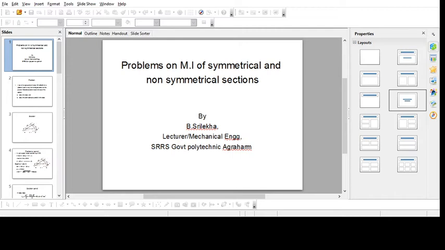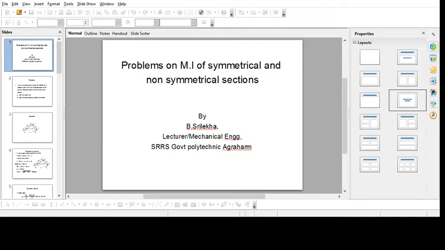How did you get 70.72? It is 115 minus 44.28. Now this one you will get a value of 45 lakhs 8,686.6 mm to the power of 4. So this is how we do it.